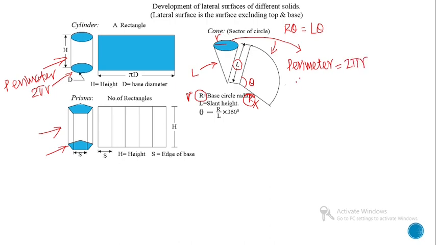Then we can equate that this perimeter must be equal to this arc length. That is, 2 pi r is equal to capital R theta.